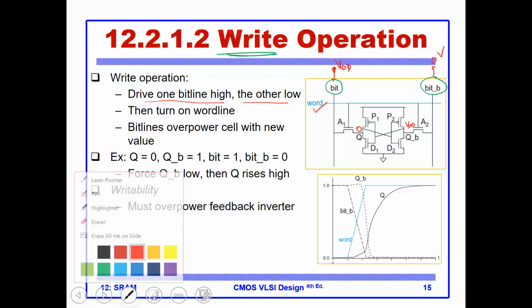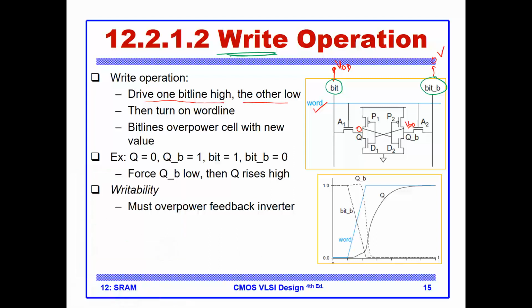Notice that there is a 0 volt here and there is a VDD here. This node is being charged by this transistor, because this transistor is on.